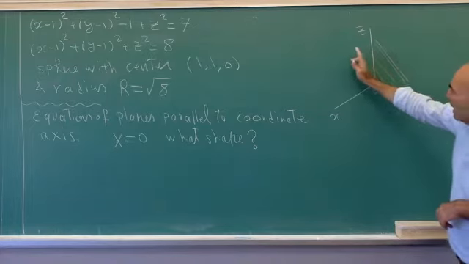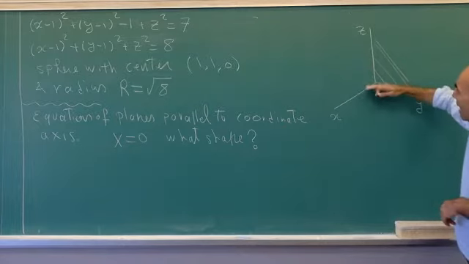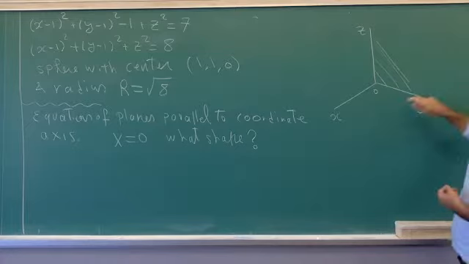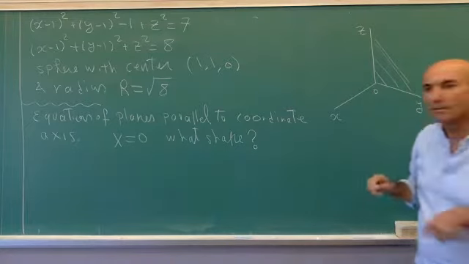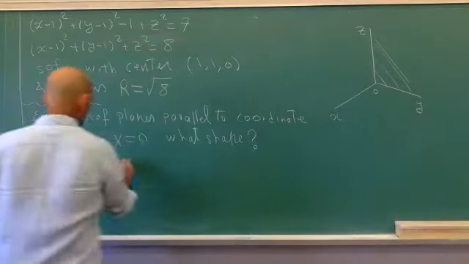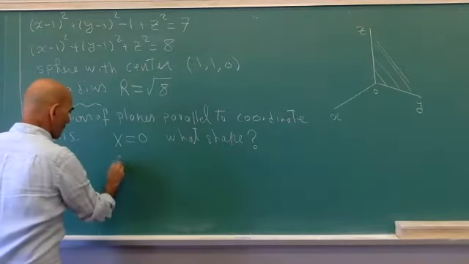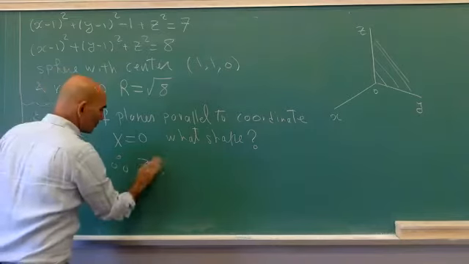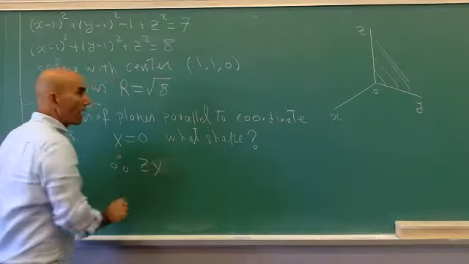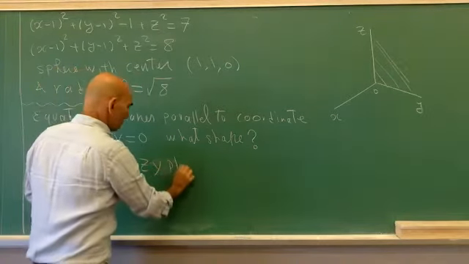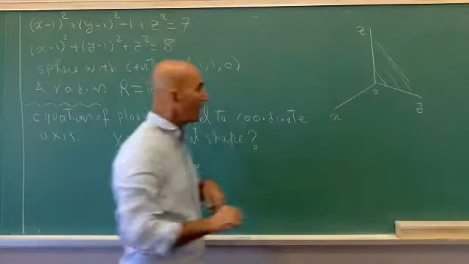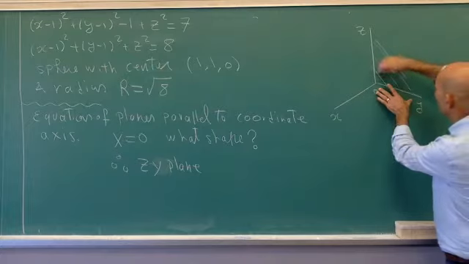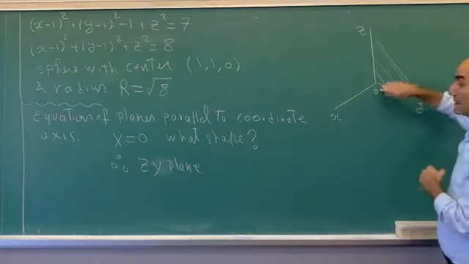There is another quarter here, and half of the plane below the xy plane. But this is essentially the zy plane. Sometimes you don't even have to put a dash there, just zy plane. It's the plane that contains the coordinate axes y and z, because x is 0.